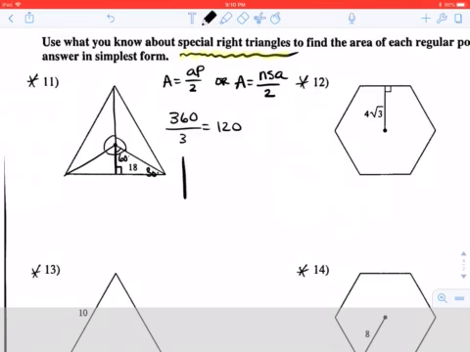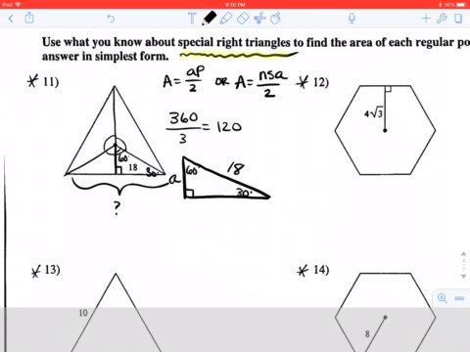Let me draw that a little bit bigger so I can take a better look at it. This is my 60, and this is my 30. The hypotenuse is 18. We need to find the apothem, and we also need to find the entire side length, because we need that in order to find area.